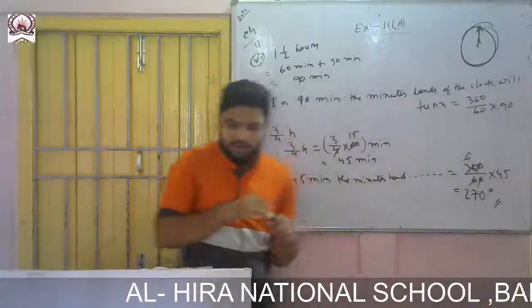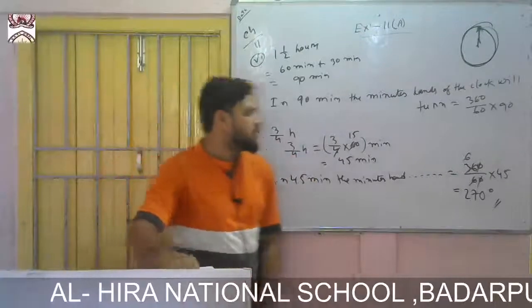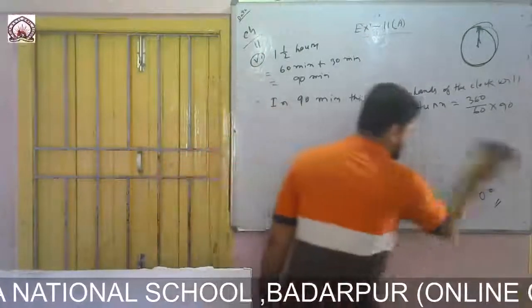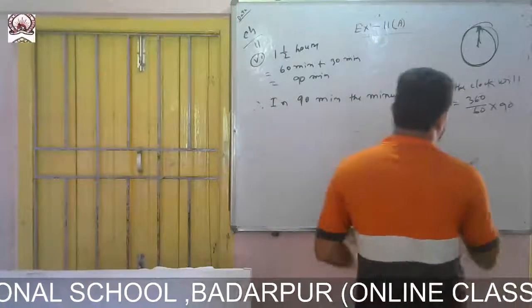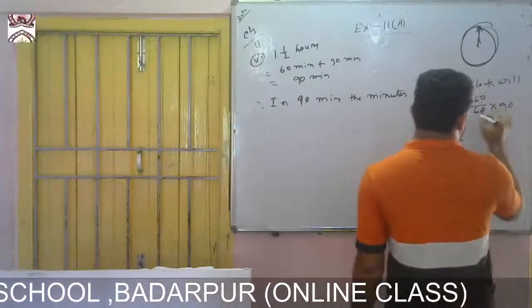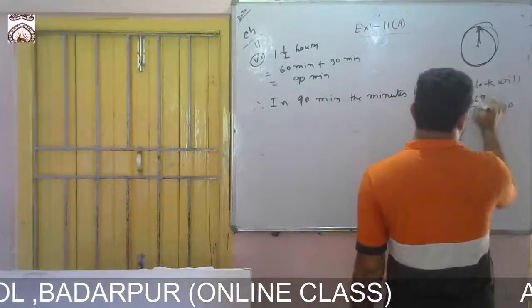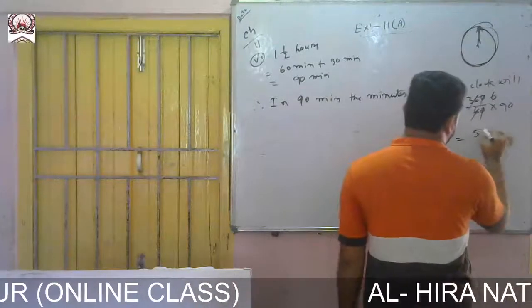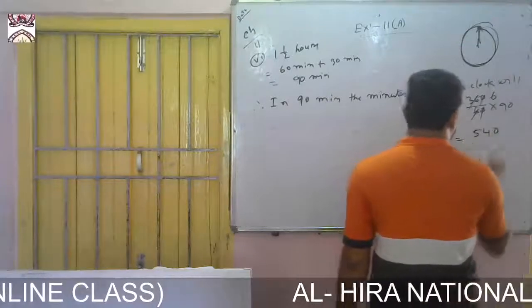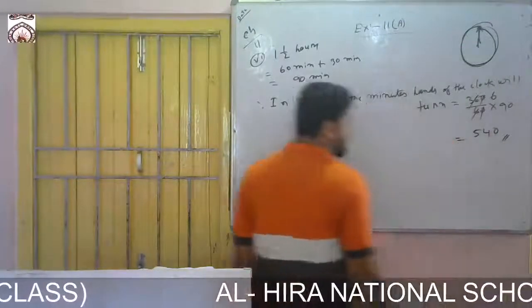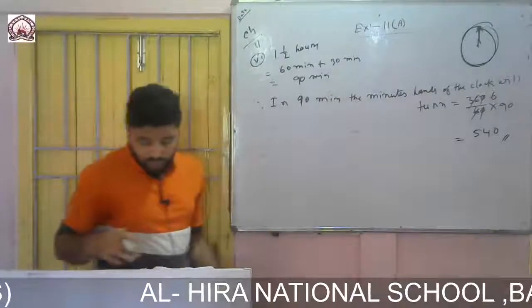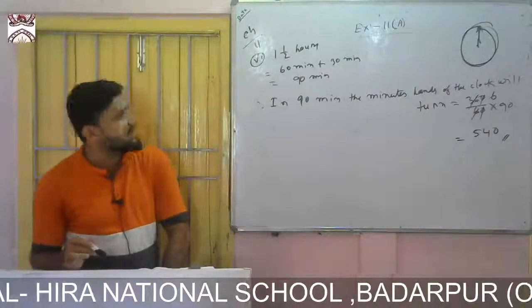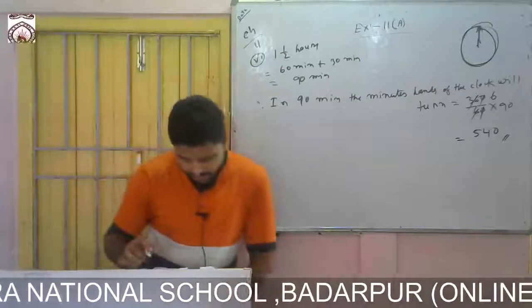Okay. 0, 0 cancel. 6 6s are 36, and 6 9s are 54, and then 1 zero. Okay, 54 and 1 zero. It is 540. Okay. So question number E finished.